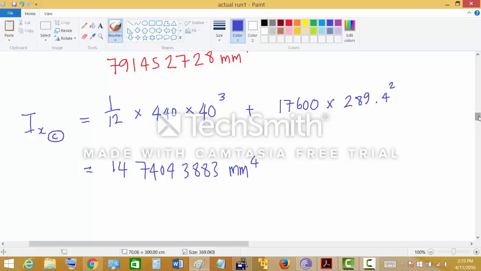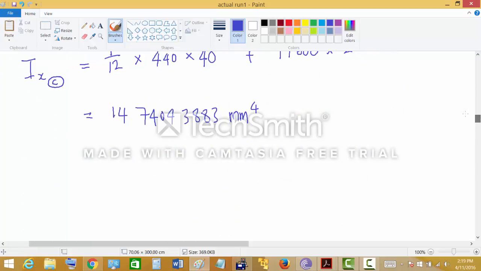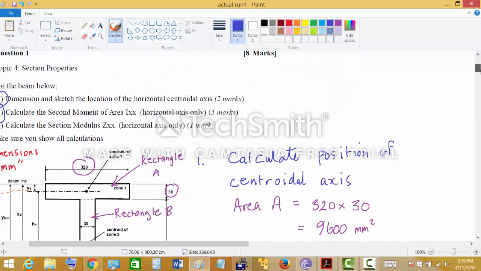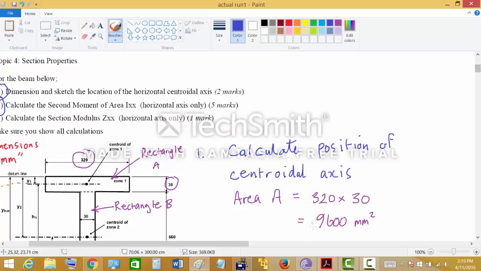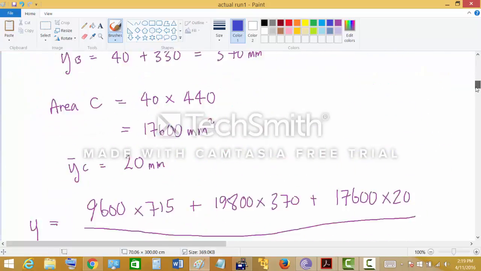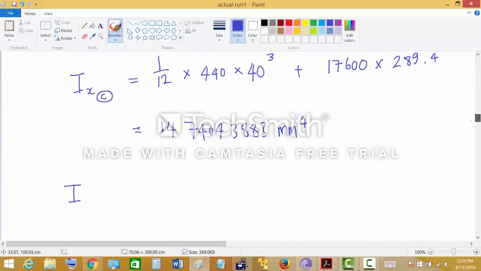Now all we do is just add all those together. So the total second moment of area, which is question 2, equal to all those added together. So I'm just going to add them together. Use the calculator. I'll put them down.